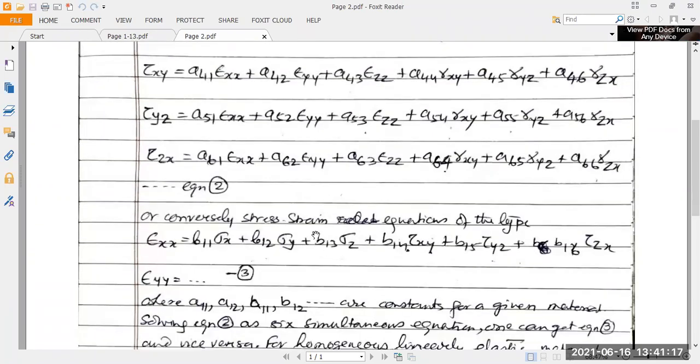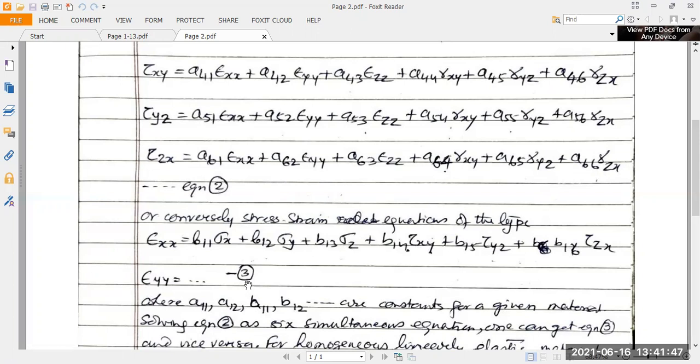Conversely, it is exactly opposite also possible. We can write the same equation like this: strain epsilon x is given by B11 sigma x, B12 sigma y, B13 sigma z, and so on with tau xy, tau yz, tau zx. Then tensile strain along x-axis, y-axis, z-axis, shear strain xy, yz, and zx, the same process will follow. Both these equations are valid.